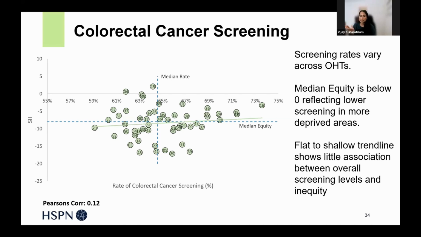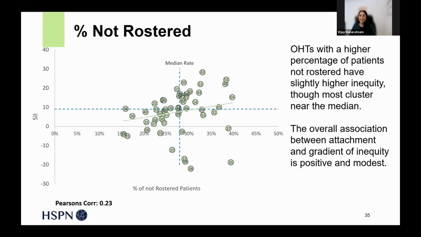And again, the slight flat to shallow trend line shows us that there is a little bit of association between overall screening levels and inequity. But even with the higher rates of colonoscopy cancer screening, OHTs with lower screening are still happening in deprived communities.